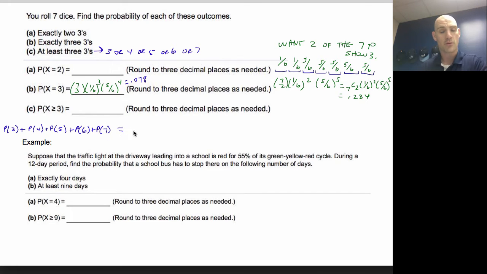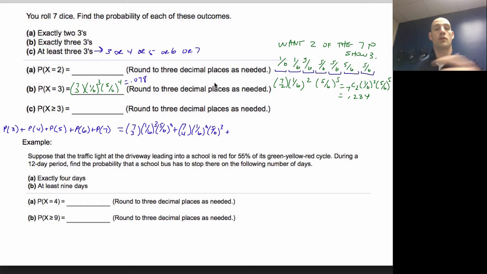And when we do that, we get 7c3, 1/6 to the 3rd, 5/6 to the 4th, plus 7 combined 4 at a time, 1/6 to the 4th, and 5/6 to the 3rd. And this should look familiar.